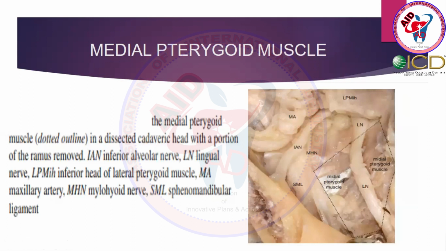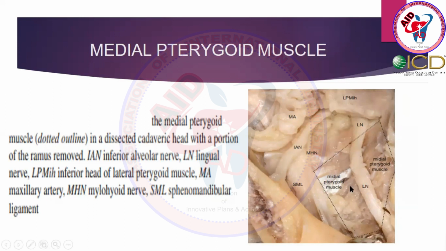Now here we see the volume, and you see that this is the area covered by the medial pterygoid muscle, the anterior and the posterior head, and this is the lingual nerve which is crossing just over the muscle head.